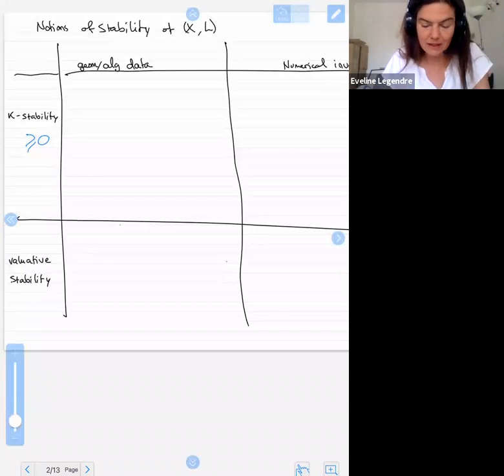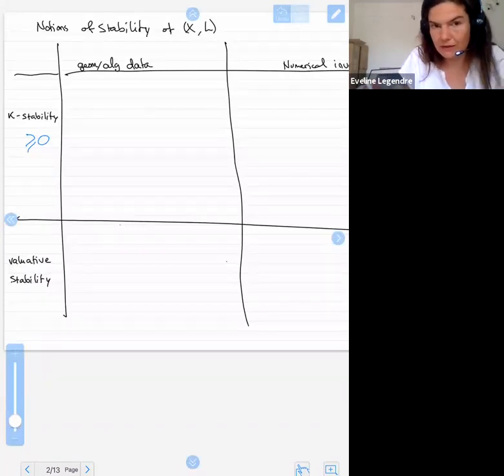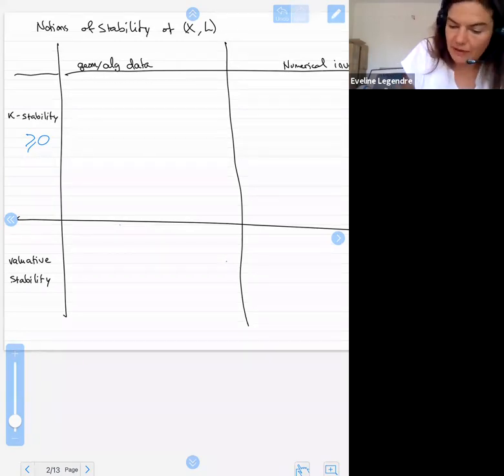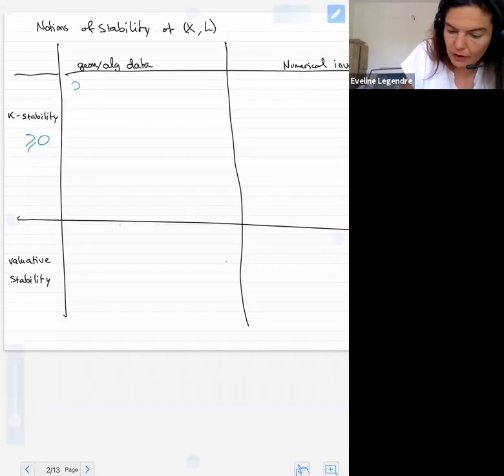To describe K-stability, I first describe the geometric or algebraic data attached to it. It's given by a polarized variety.